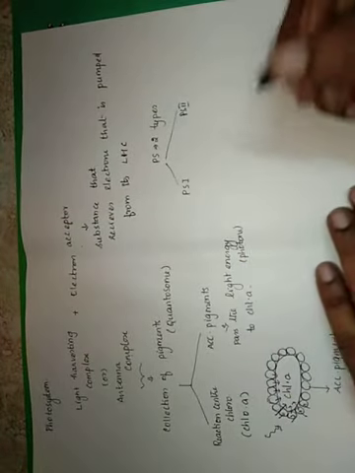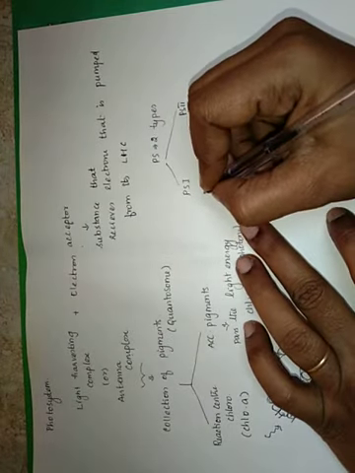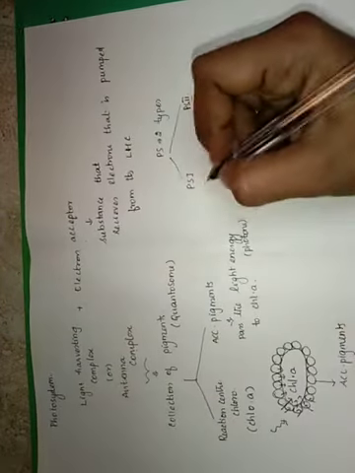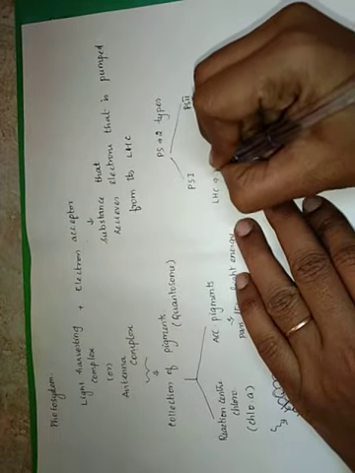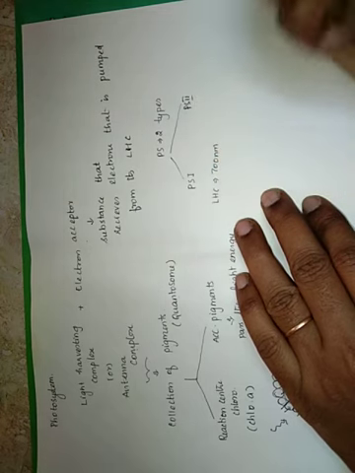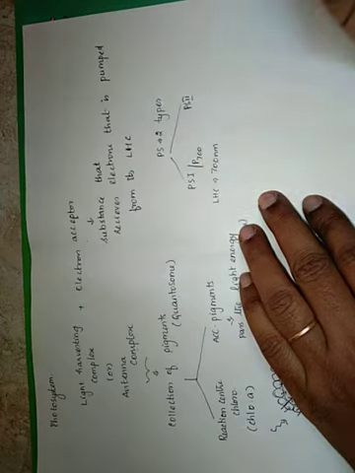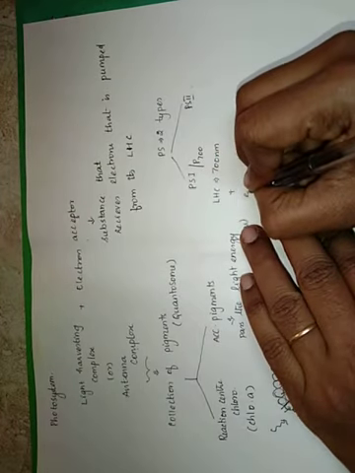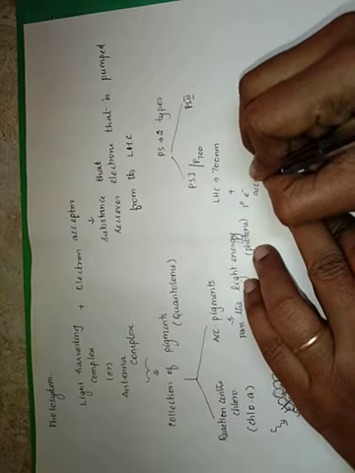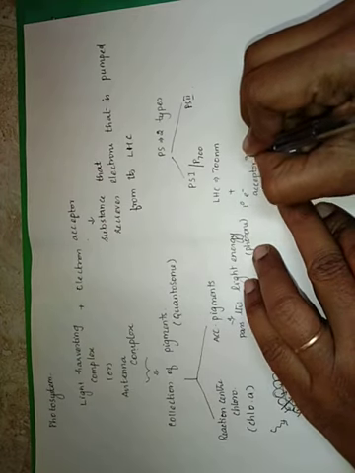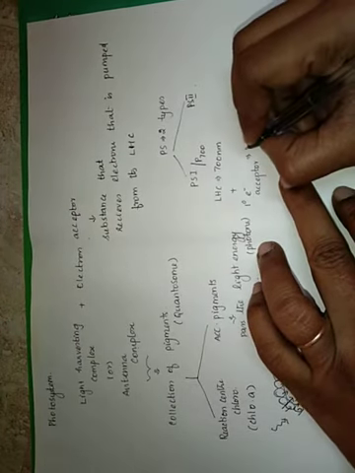Light harvesting complex of PS1 is going to absorb maximum at 700 nanometer. So PS1 is also called as P700 plus அதோட electron acceptor. Electron acceptor usually called as a primary electron acceptor.